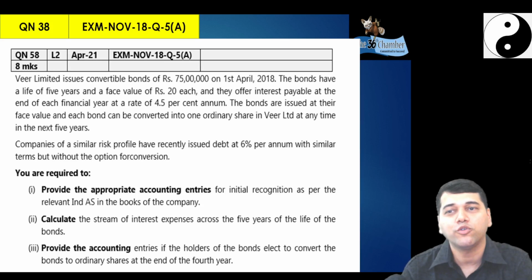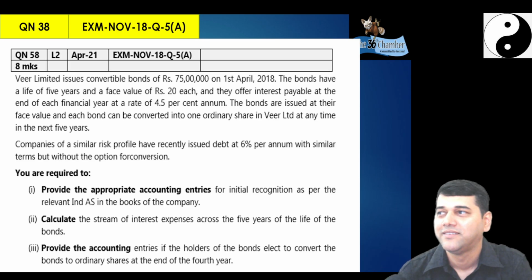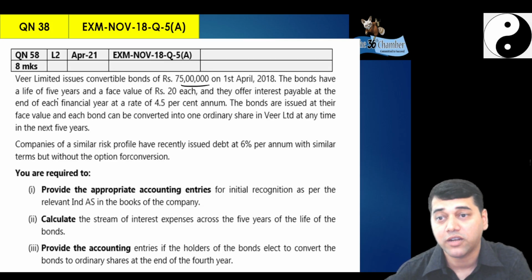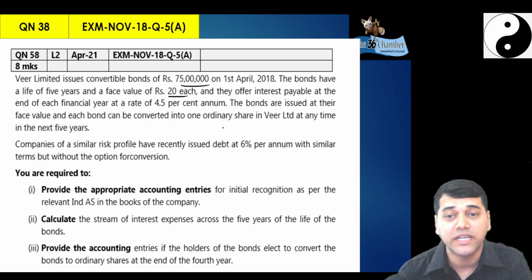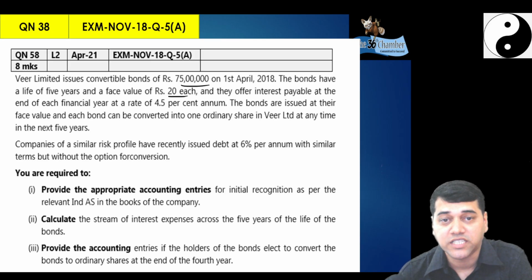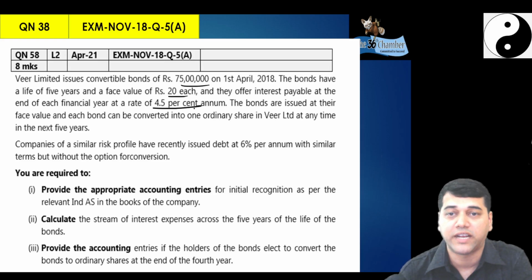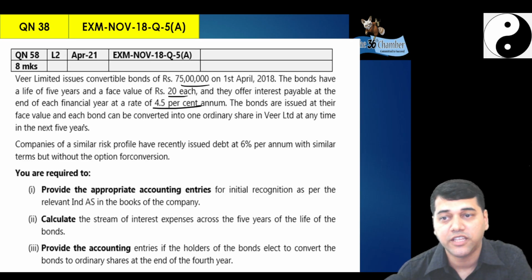So we'll move on to question number 38, your favorite examination question. Weir Limited issues convertible bonds of 75 lakhs on 1st April. They have a life of 5 years at a face value of 20. Interest is payable at the end of every financial year at the contractual rate of 4.5%. Bonds are issued at face value, and each bond can be converted into one share.